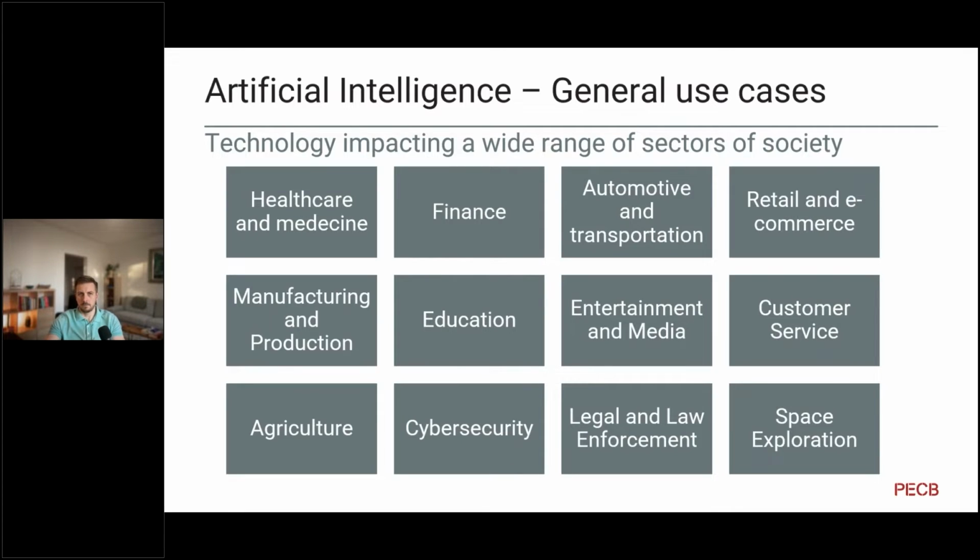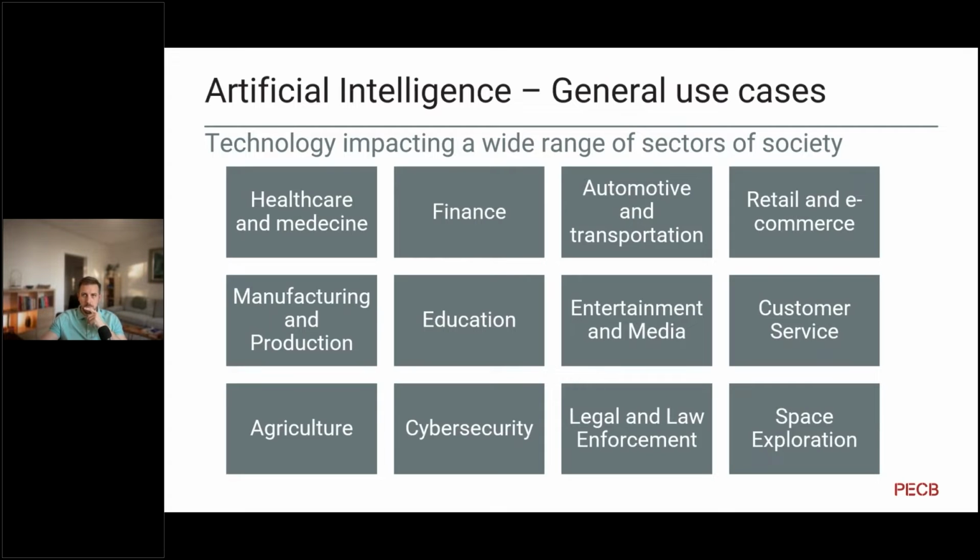For example, Apple's Siri is an example of this kind of artificial intelligence. The second one is strong AI. These systems possess the ability to perform any intellectual task that a human being can. They are theoretically possible and they are under development.